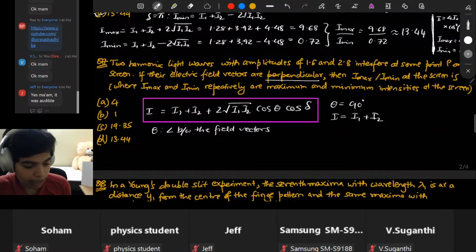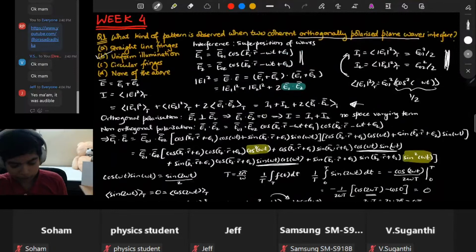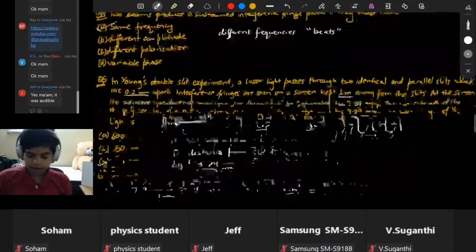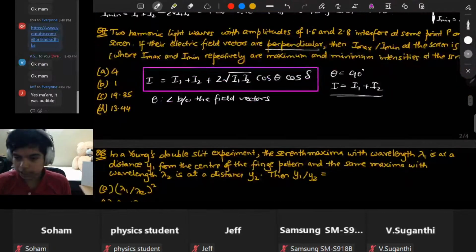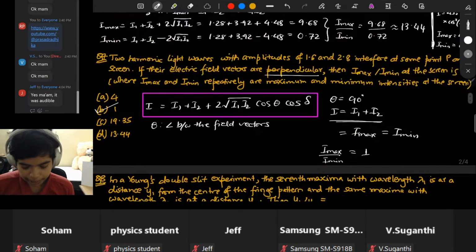If you remember the first question, when we had orthogonally polarized plane waves, we got uniform illumination. In the case of uniform illumination, there is no maxima or minima, it is all the same. So I is I1 plus I2, which is also I max, which is also I min. As a result, I max over I min is equal to 1. So that's the correct option.